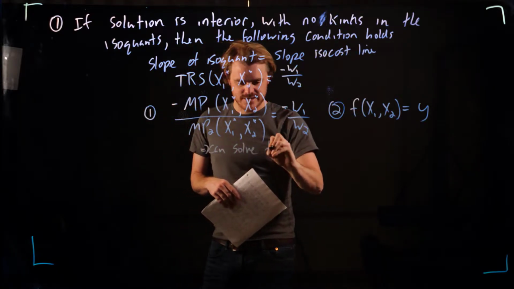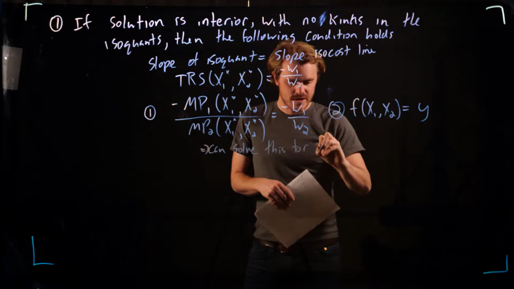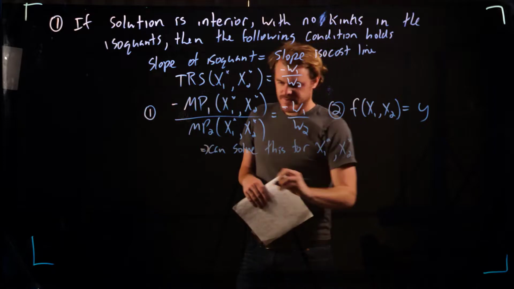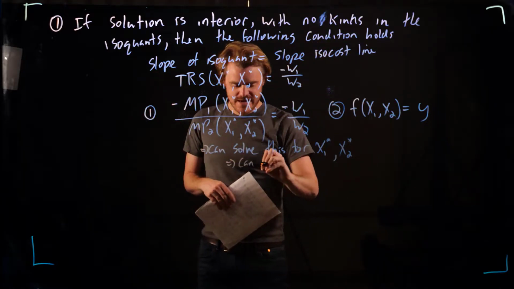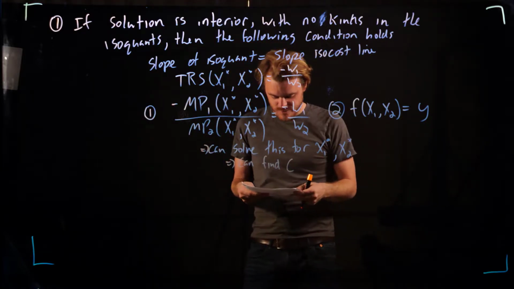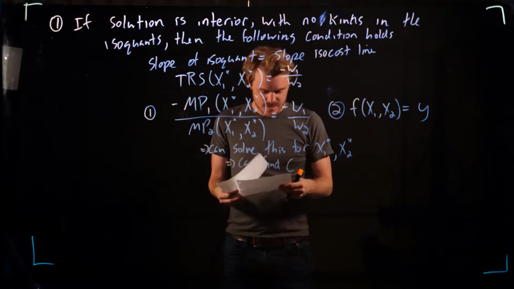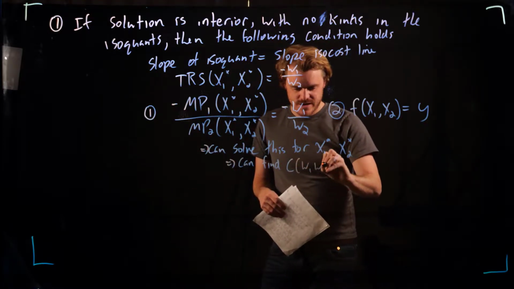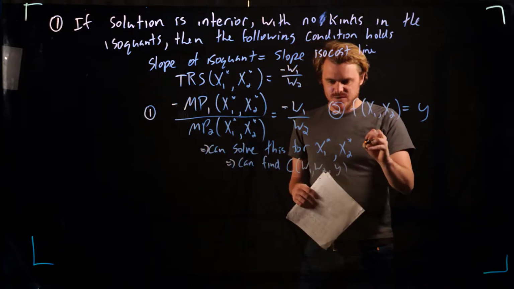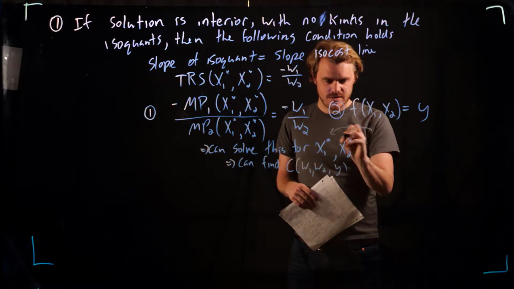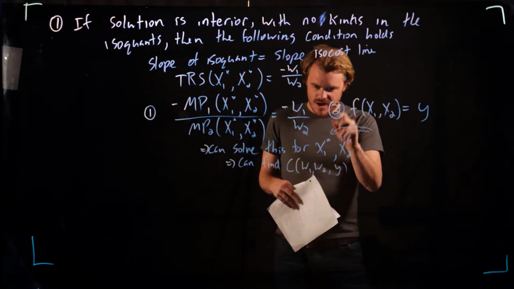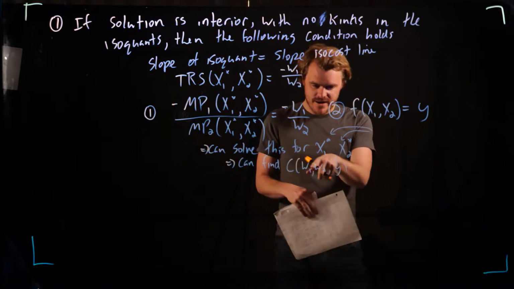We can solve this for x1 star, x2 star, and can find this cost function that we've been talking about, which is a function of W1, W2, and Y. Now, in general, x1 and x2 star are going to be functions of the amount of output as well as the input prices.